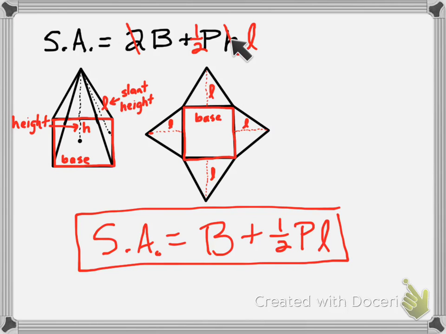A prism has its height on the outside, on the surface. A pyramid does not. That's why we need to use slant height. Okay, so this should make sense. It's basically the same formula. It's just altered to fit a pyramid instead of a prism. Okay, so now let's look at an example.